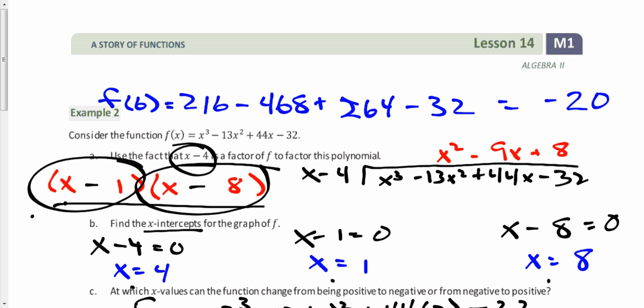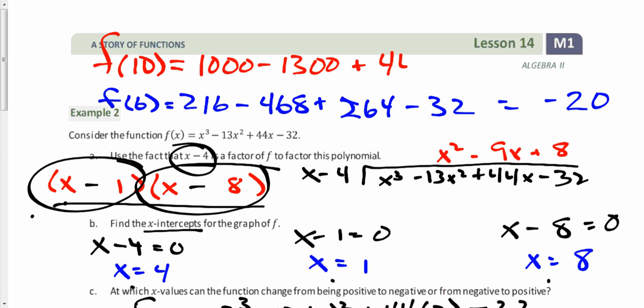Plus 1,000 is negative 300. So f of 10 equals 1,000 minus 13 times 100, which is 1,300, plus 44 times 10, which is 440, and then minus 32.